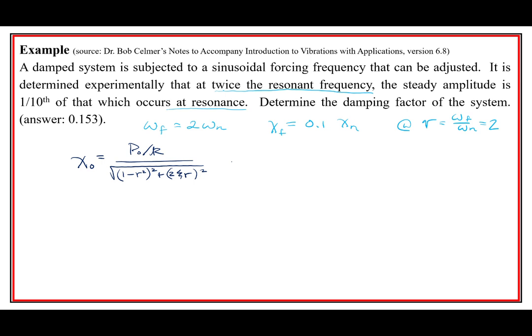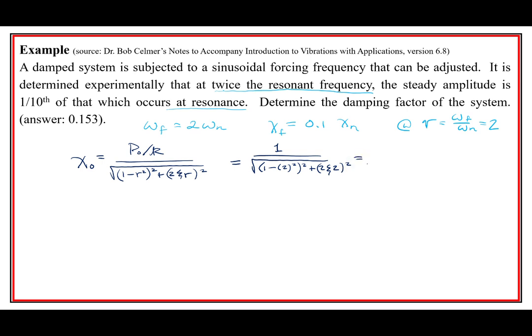I'm going to set one of these equal to 1 and the other to 0.1. When this thing is equal to 1, this is going to be 1 over the 1 minus 2 squared plus 2 times squiggle times 2 squared.